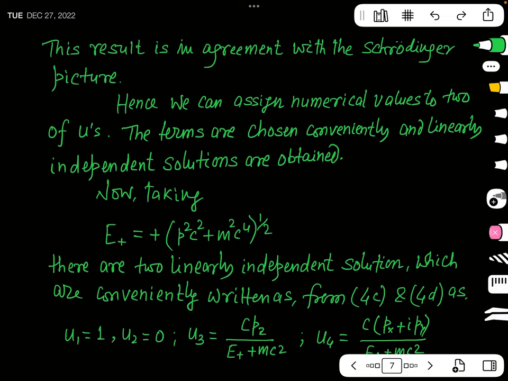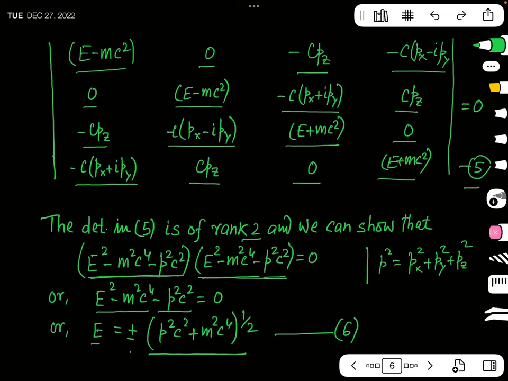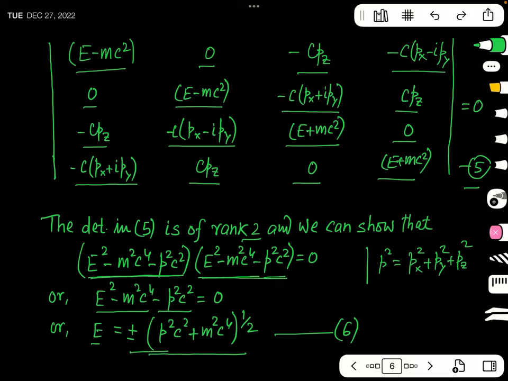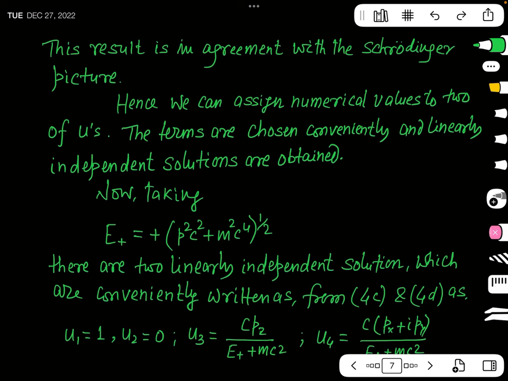Out of these four, we will assign the values of any two arbitrarily, and then we will find the values of the others. And as you can see, this equation has two roots, both positive and negative. So we will take both of the roots to get the solution.